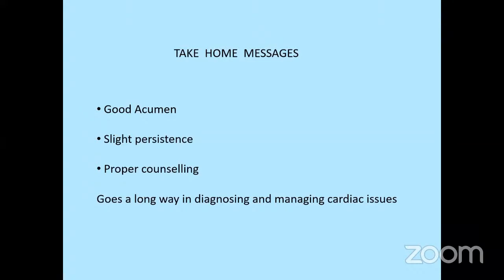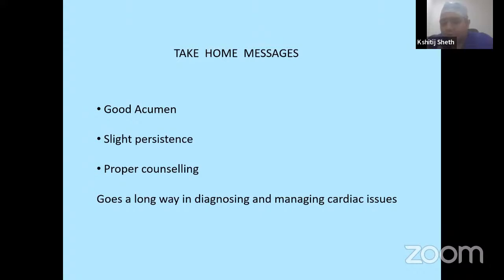So what happens is this child would probably have had a moderate VSD initially, which has become small. But the VSD jet hits the RV outflow tract, and that constant hit causes muscle hypertrophy over there.